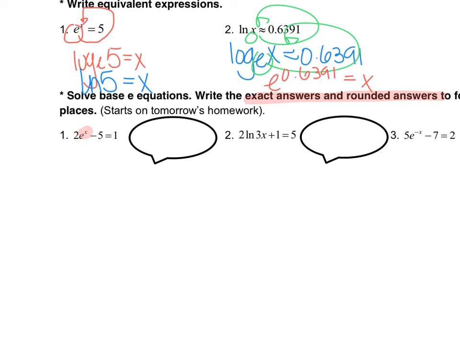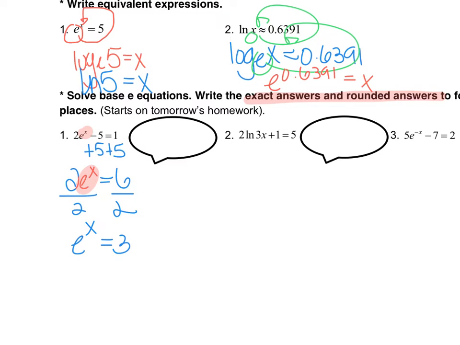Just like with a normal algebraic equation, I would add 5 to both sides, and I get 2 e to the x equals 6. Then this is not isolated yet, so I need to divide by 2, and I get e to the x equals 3.